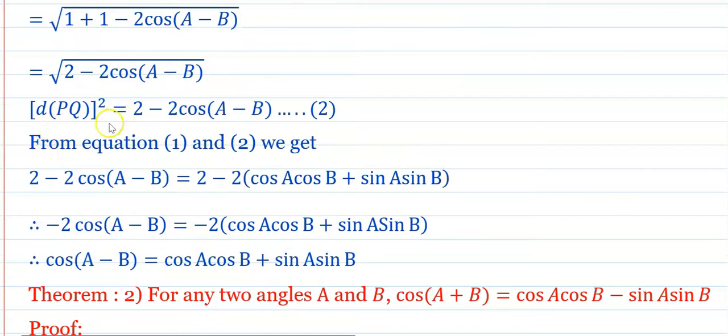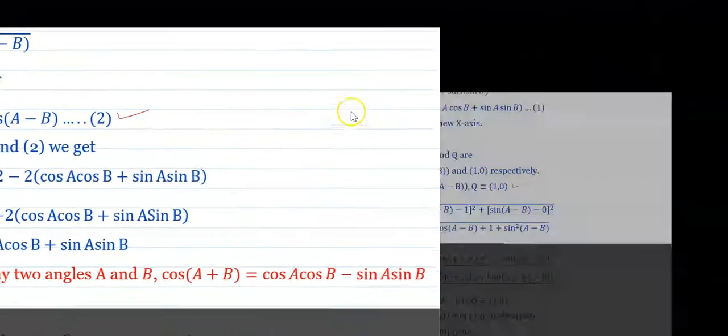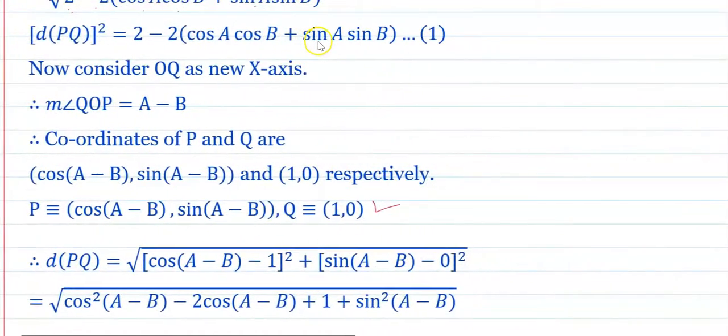Okay. Squaring on both sides. Therefore, distance PQ bracket square is equal to 2 minus 2 cos of A minus B. This is the expression number 2. Okay. Expression number 2 and this is the expression number 1.